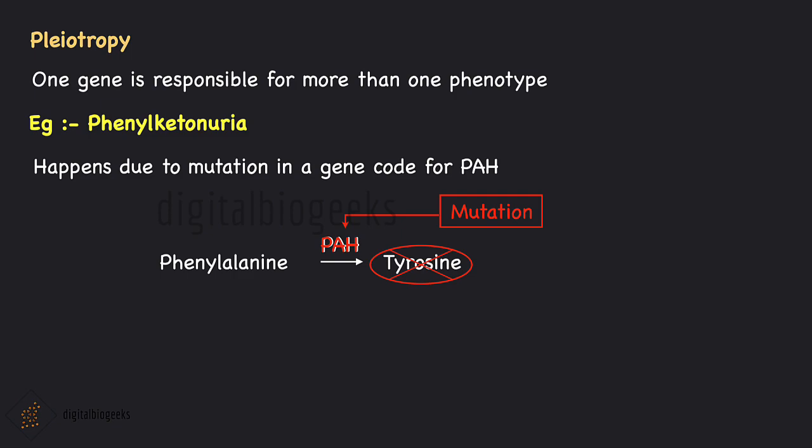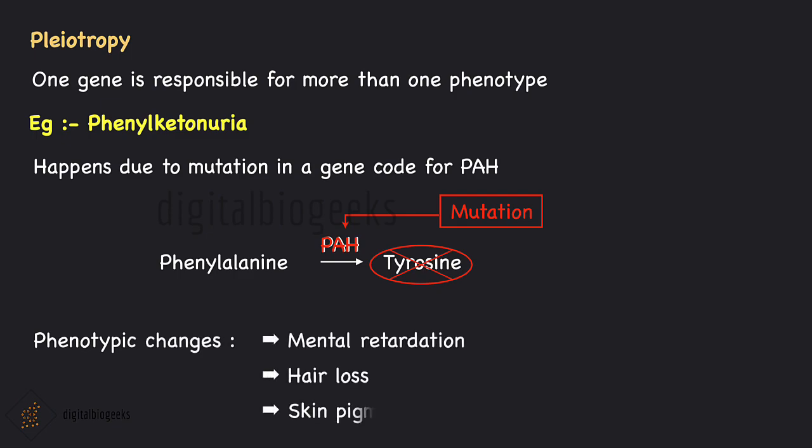Two problems occur here. The concentration of phenylalanine increases in the blood, which leads to toxicity, and the second one, tyrosine is not produced. The absence of tyrosine leads to numerous phenotypic changes like mental retardation, hair loss, and skin pigmentation.